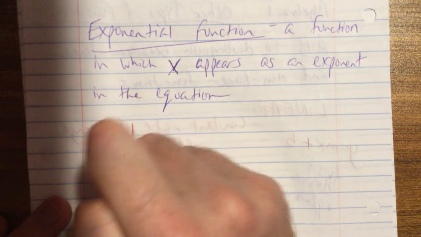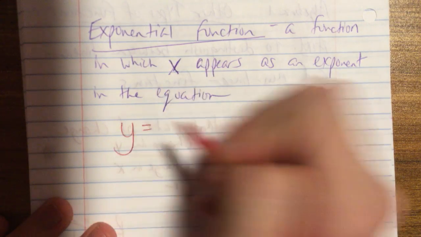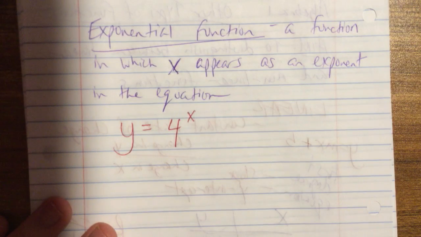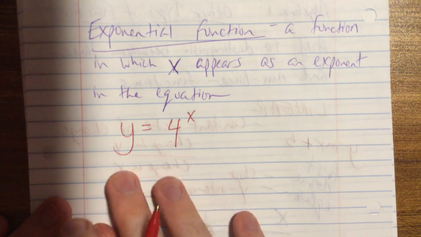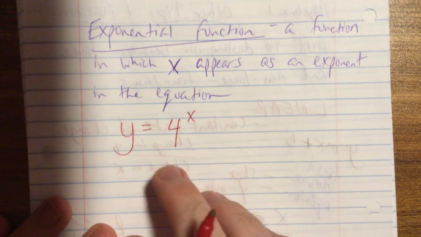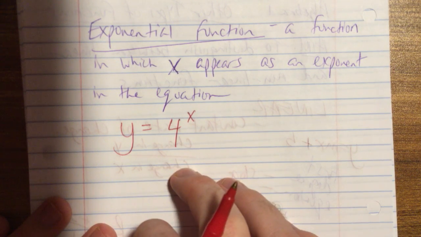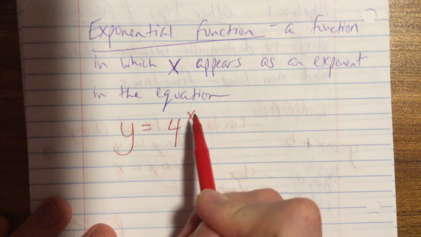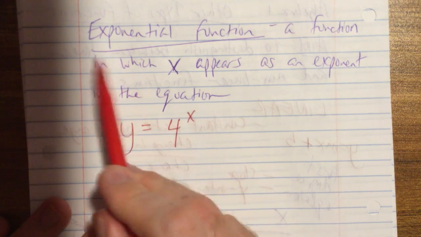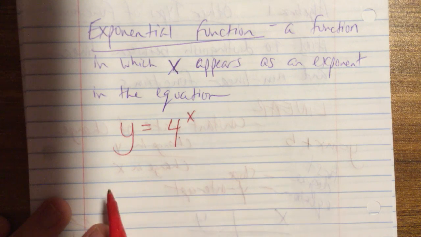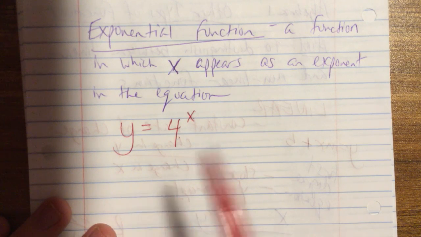So some examples of this would be y is equal to 4 to the x power. Now this is much different than y equals x to the fourth power. That would be a polynomial function, a fourth degree function. However, in this case, we have x as the exponent, making this an exponential function. We are taking 4 as the base and raising it to the x power.